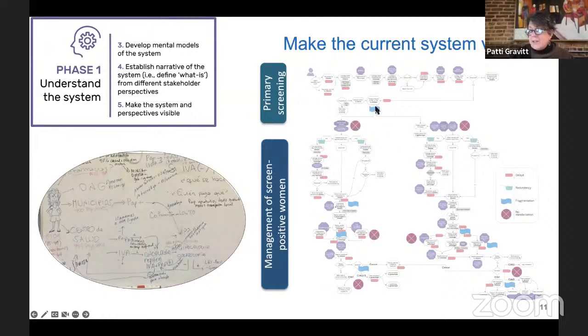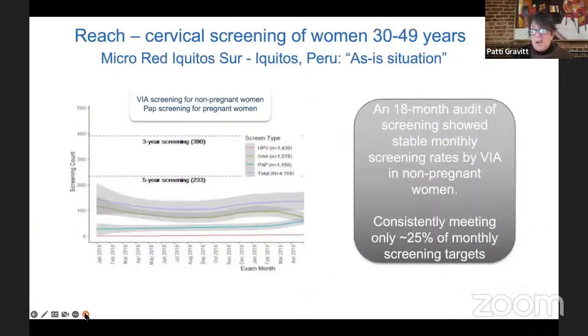There were fragmentations, particularly between the primary level and the hospital referral, where people just didn't know what was happening. So it was very difficult to ensure that women got follow-up. And then in many places, there was no standardization of procedures. And so that was something that really got people to start thinking together about what their system actually looked like versus what they thought it was supposed to look like.